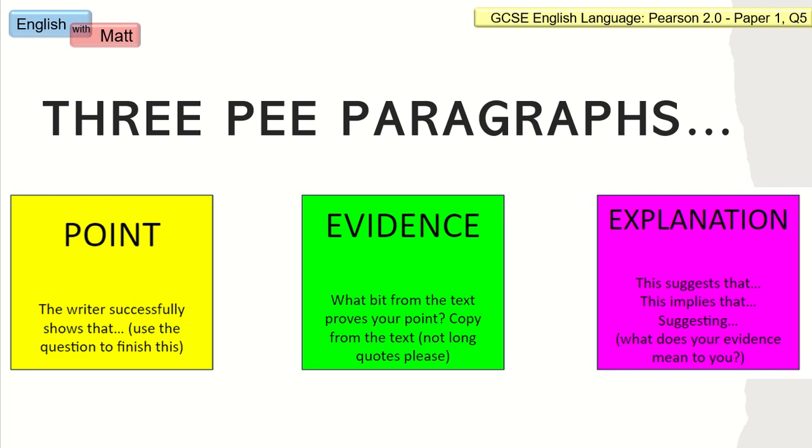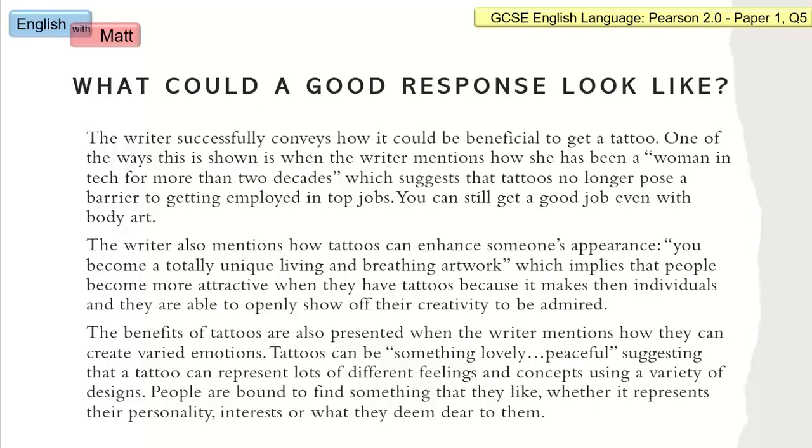This is how I've interpreted it. And that's the bit that you're doing yourself without having to be spoon-fed information from the examiner, from the writer, sorry. So what could a good response look like?